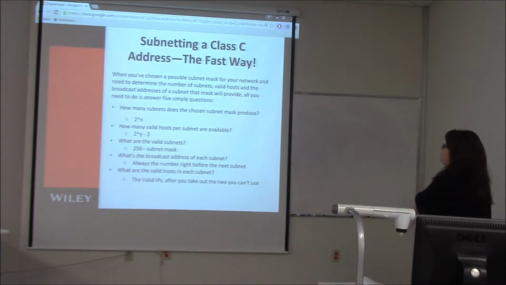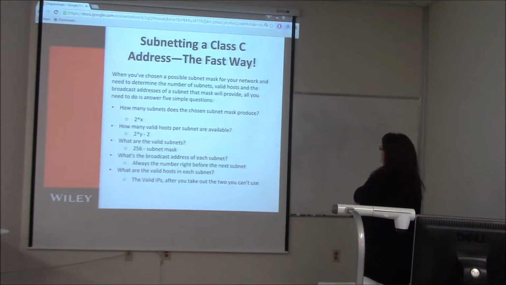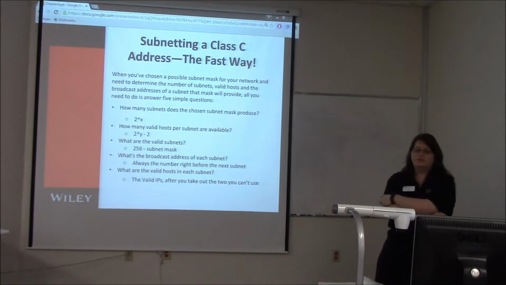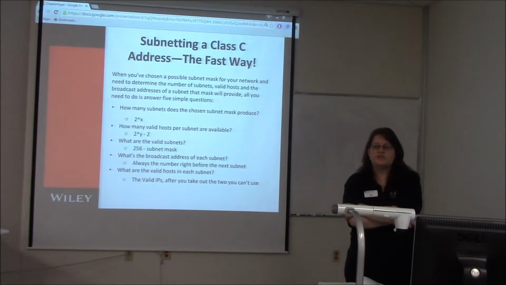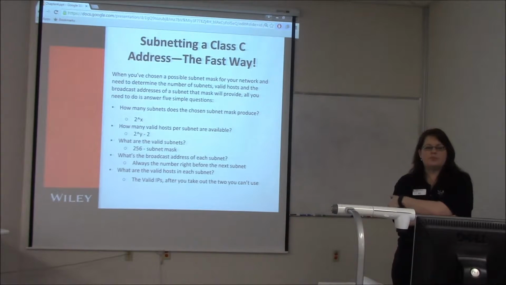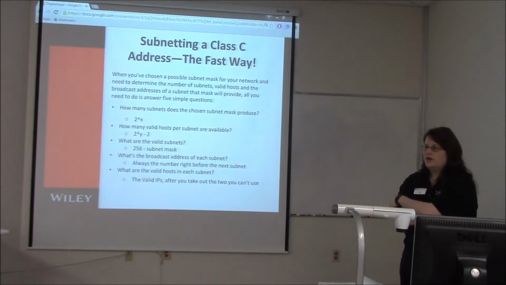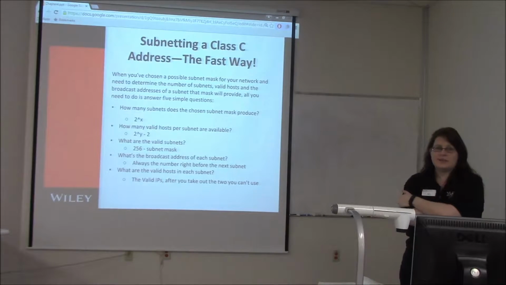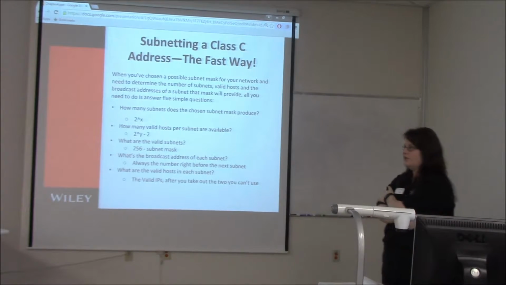Once you've figured out how many addresses you need, and once you've figured out your subnet mask, then you can use a couple little formulas to figure out the number of hosts and the number of subnets. This is the crux of subnetting.